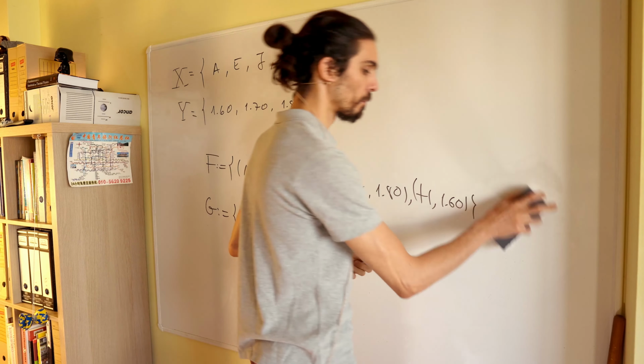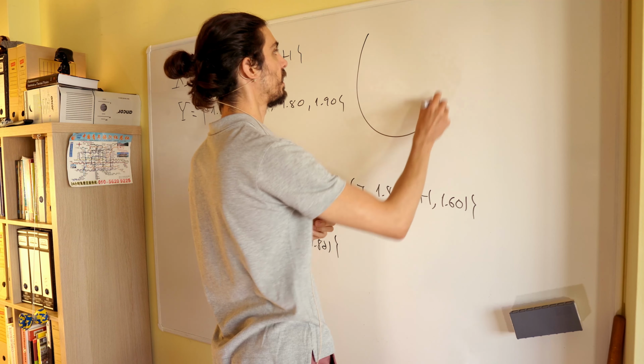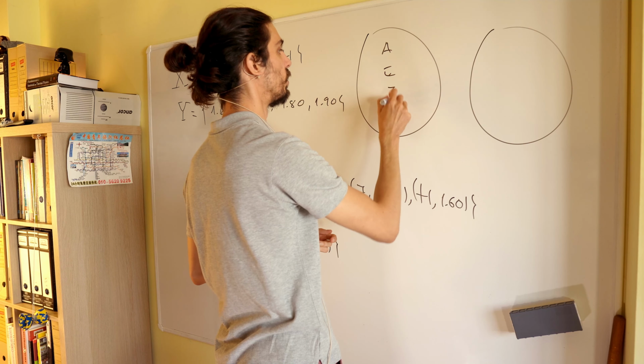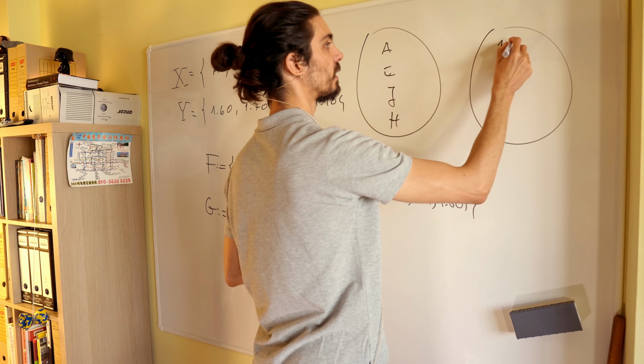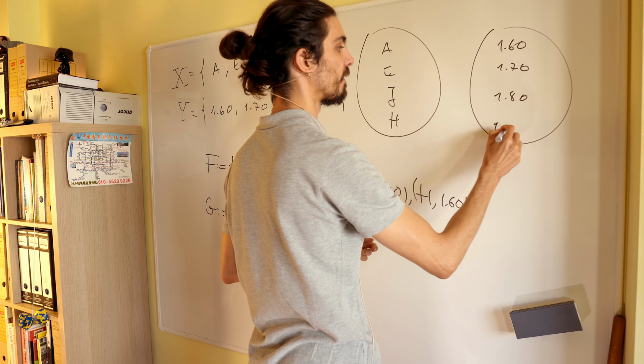Let's make a diagram of both. So here is our set with Abby, Eve, John, and Hugo, and 160, 170, 180, and 190.